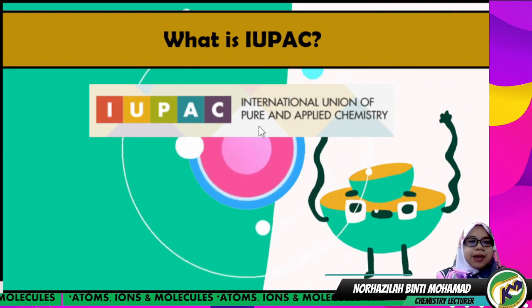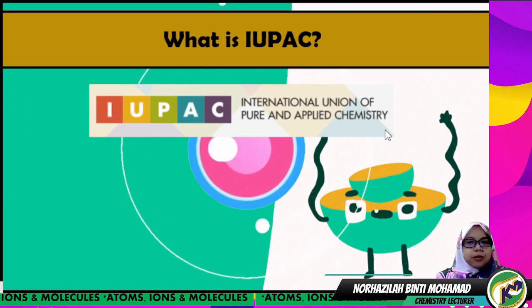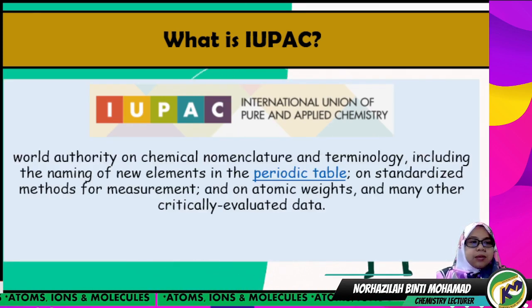So what does IUPAC do? It is the world authority on chemical nomenclature and terminology, including the naming of new elements in the periodic table, on standardized methods for measurement, on atomic weights, and many other critically evaluated data.